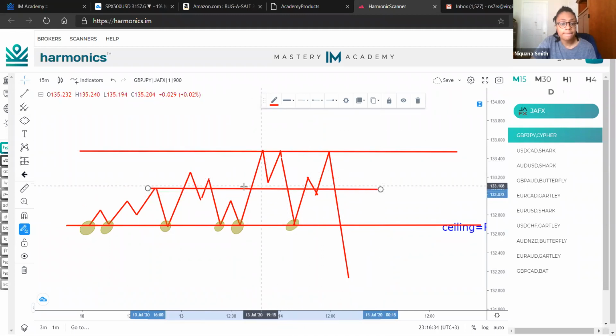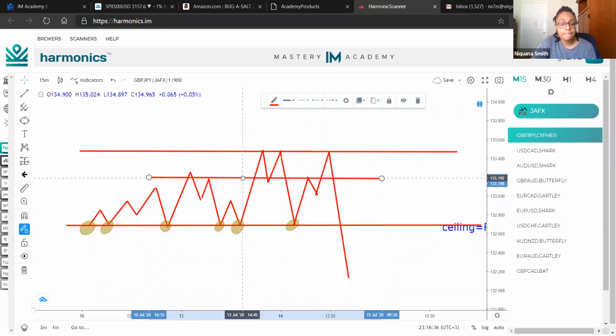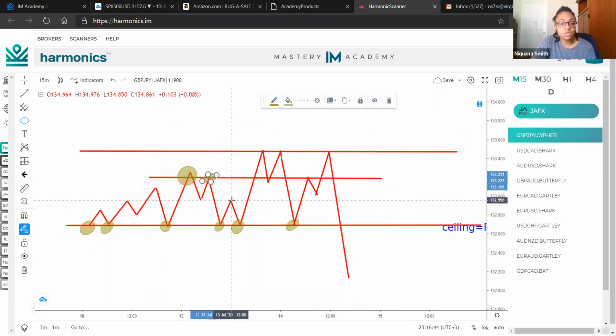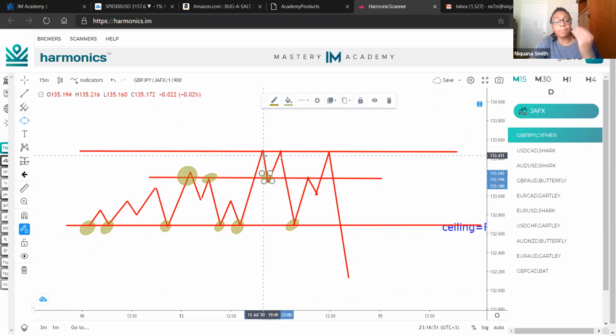So let's see here. You got where price came up, it hit, it sold, it hit again, it sold, it went down, came back up, hit here. Even if it's coming from above and coming down on that area, it helps solidify this zone acting as a strong support or resistance.